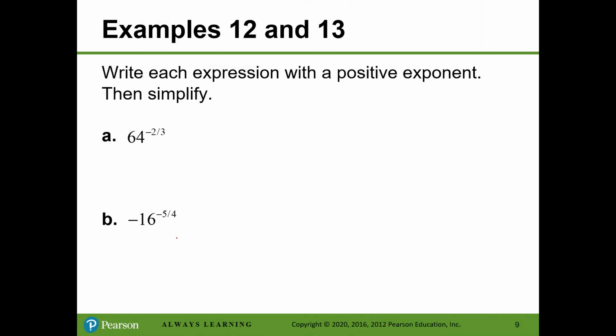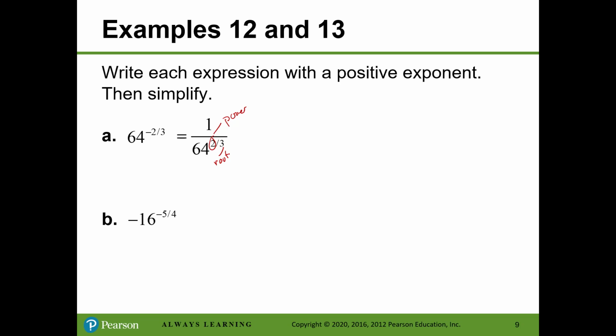Okay, let's look at some examples. Now, there are a couple of different ways that you can actually handle this. You can deal with the negative first, or you can deal with the negative last. Some people rather deal with the negative first, going, okay, 64 doesn't belong on the top, it belongs on the bottom. And when we put it on the bottom, the exponent of 2/3 is now positive. Remember, this 2 is the power, this 3 is the root.